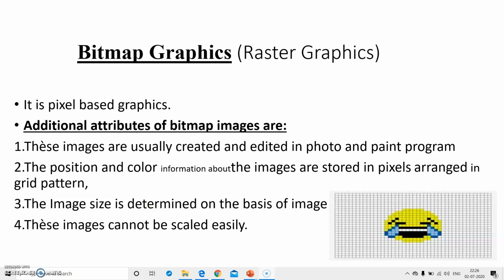Second, the position and color information about the image are stored in pixels arranged in a grid pattern. Third, the image size is determined on the basis of pixels. And the fourth, bitmap images are used to represent photorealistic images which involve complex color variation.